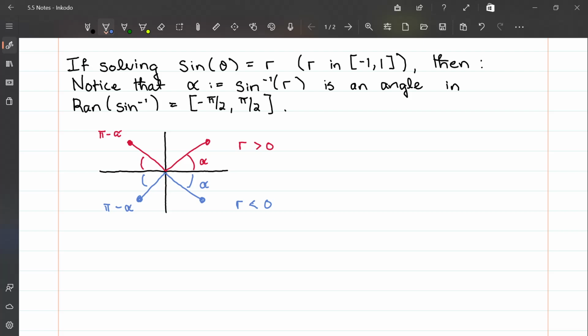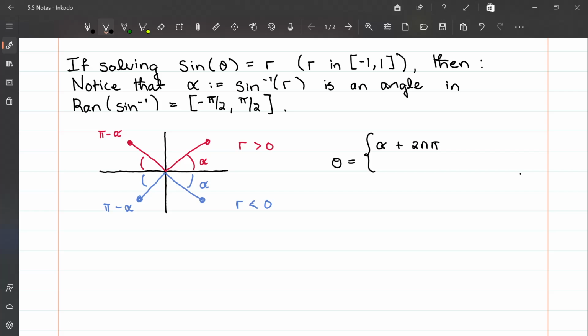Either way, we have now found that there should be a predictable system of equations for our angle theta in this situation. The first part of our system of solutions should be theta is equal to alpha, or, because of coterminal angle properties, any angle coterminal with alpha.